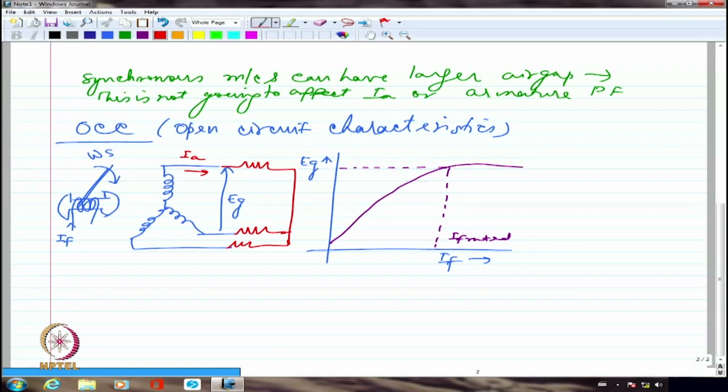So I'm going to have two fields in the air gap, just like what I had in the case of the induction machine as well. In the induction machine, I had one field from the stator. Another field was because of the induced current and induced EMF in the rotor. That was also three-phase. So both of them were revolving magnetic fields created by virtue of three-phase currents being pumped in through three-phase space distributed winding.